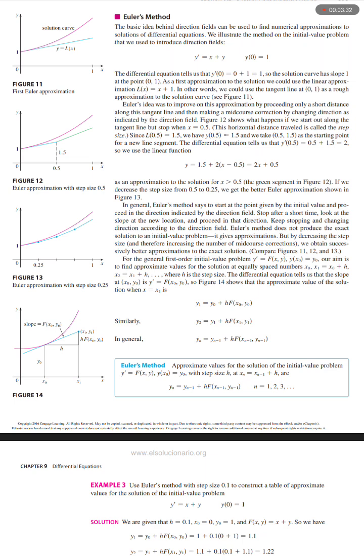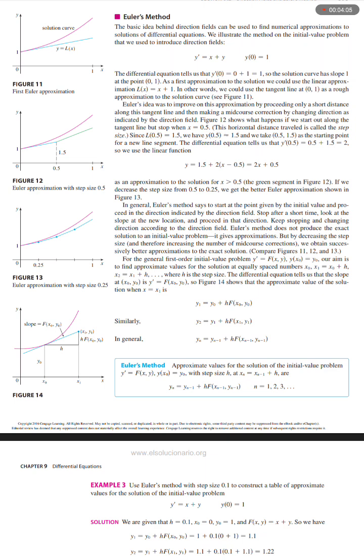Back to the text. In general, Euler's method says to start at the point given by the initial value and proceed in the direction indicated by the direction field. Stop after a short time, look at the slope at the new location, and proceed in that direction. Keep stopping and changing direction according to the direction field.